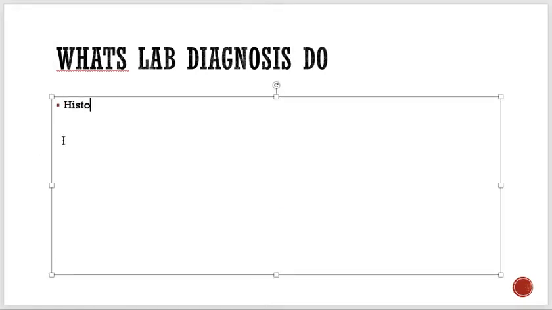You take the history, you get some points from the history, you do a clinical examination, you get some clues, and then you decide you have to formulate a diagnosis, or you have certain differential diagnoses in your mind. For example, many conditions are diagnosed clinically, and no investigations are needed.